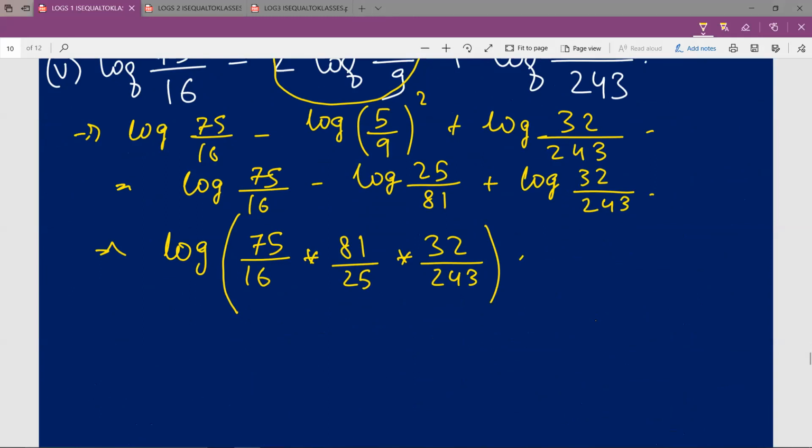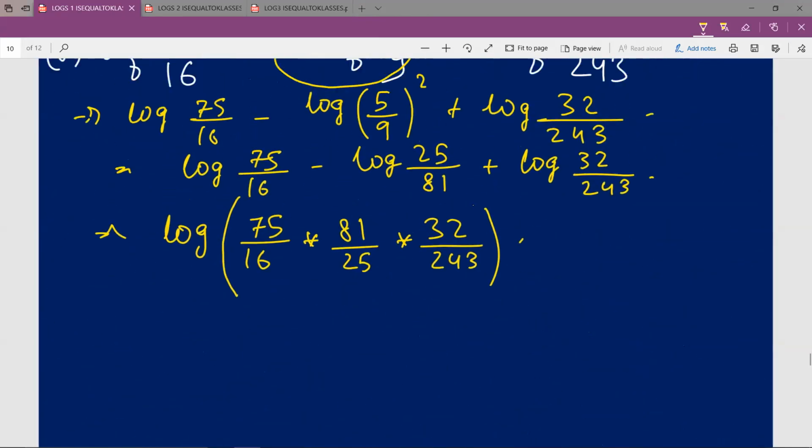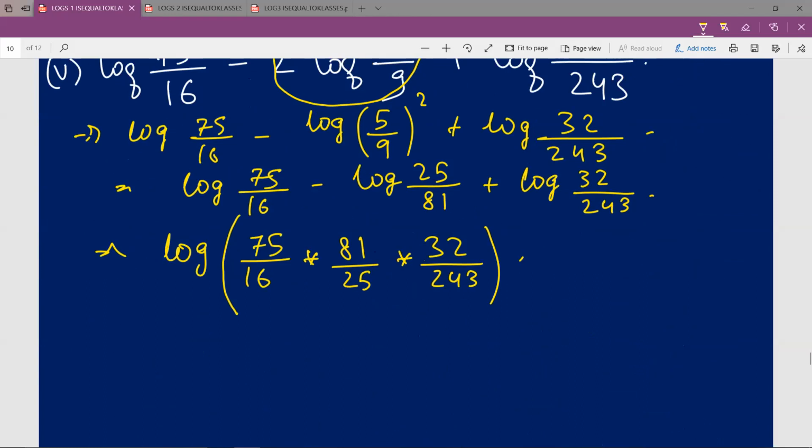And over here, plus log of 32 upon 243, according to the first law, this will be equal to 81 by 25 into 32 by 243. So there's no need to take a reciprocal.